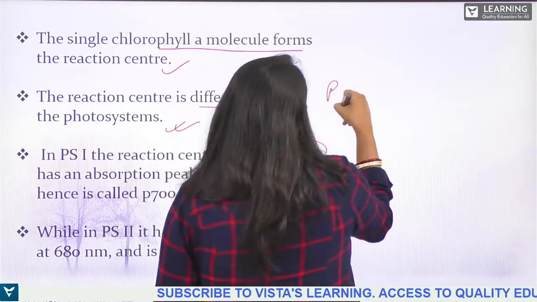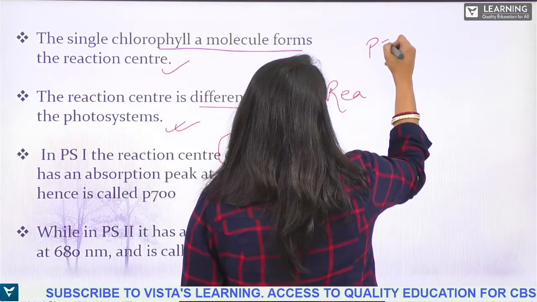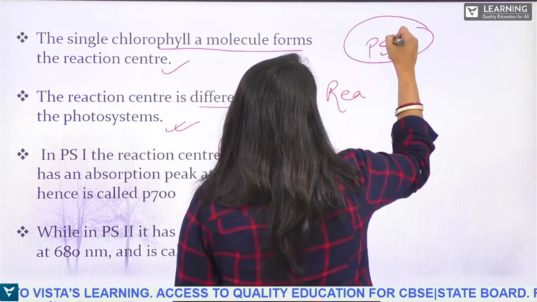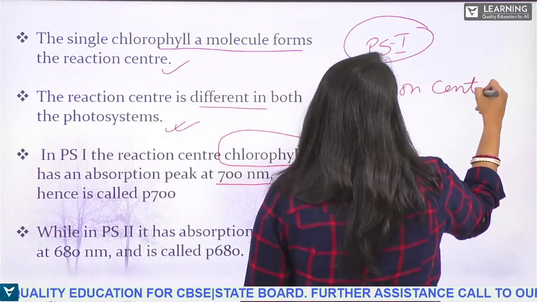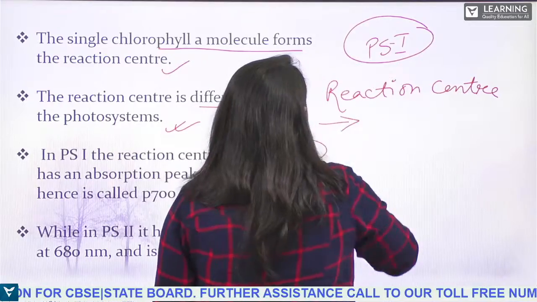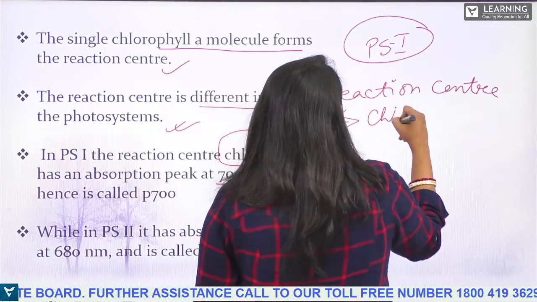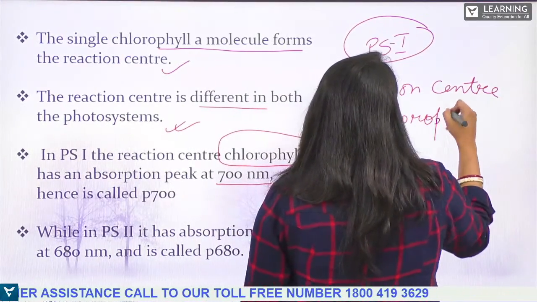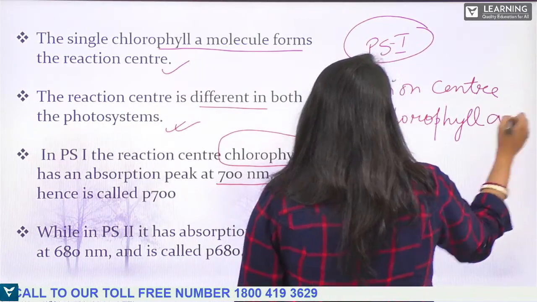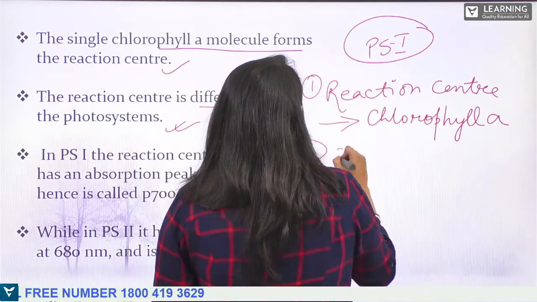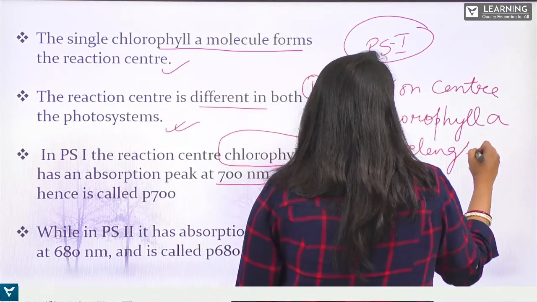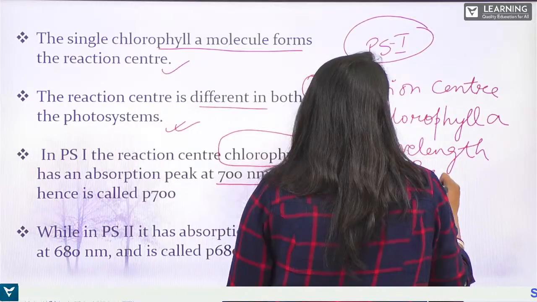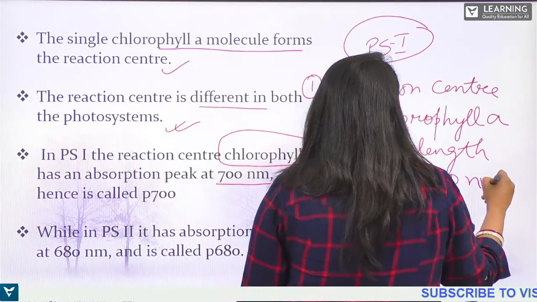So let's talk about photosystem 1. The reaction center in photosystem 1 is chlorophyll A, and you should remember the wavelength is P700 nanometer.